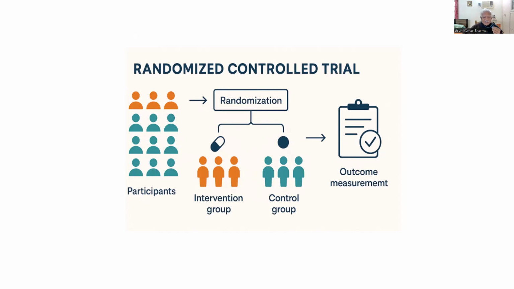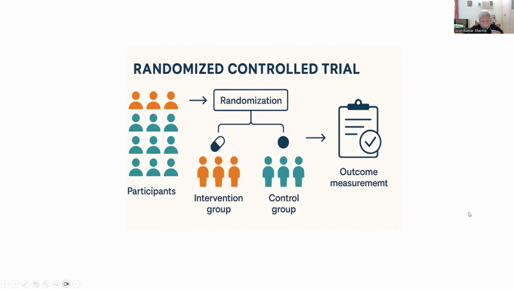For example, if you think that the effect of the drug depends on gender, okay, so either you take equal number of males and females in both intervention and control groups, or randomization means that if sample size is sufficiently large, what is large cannot be determined in advance, just follow the convention.